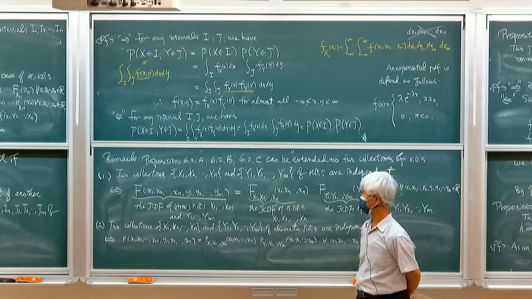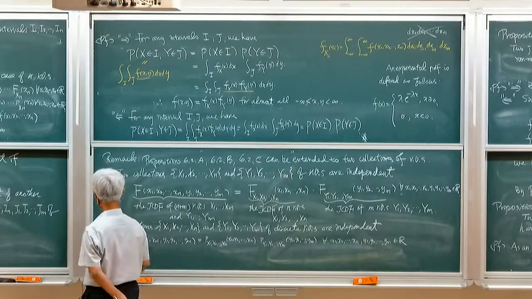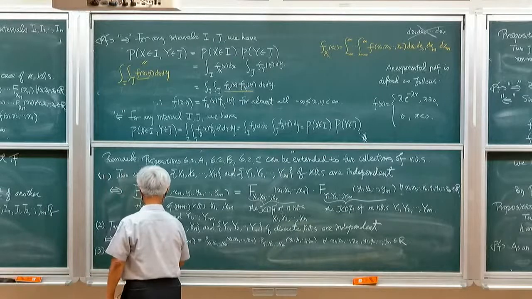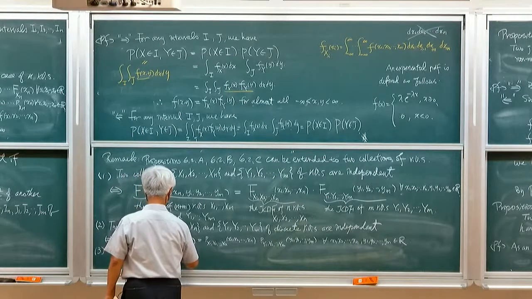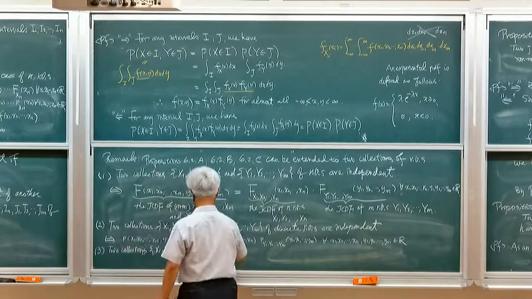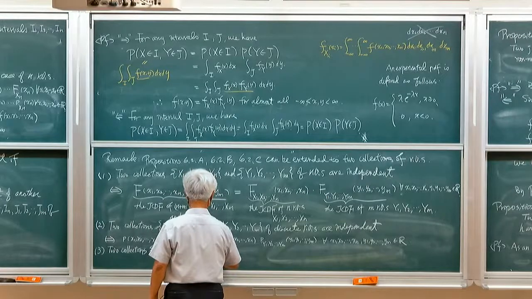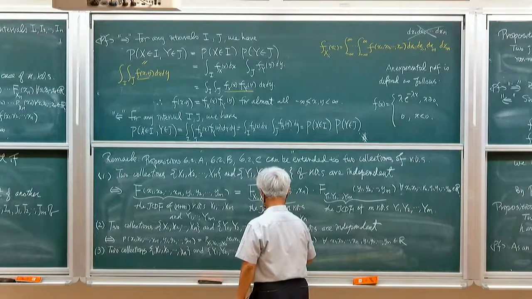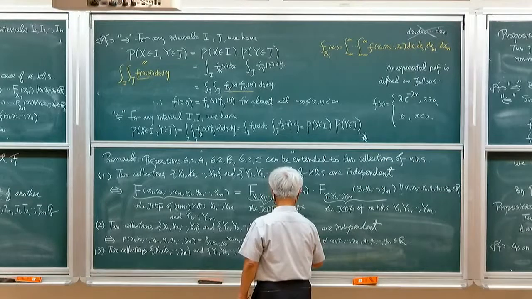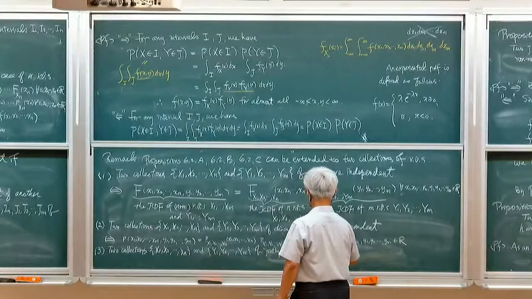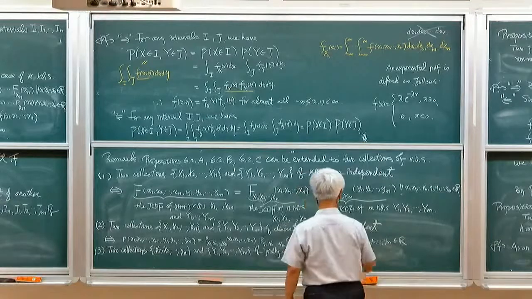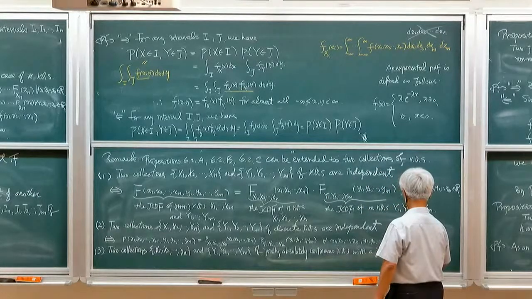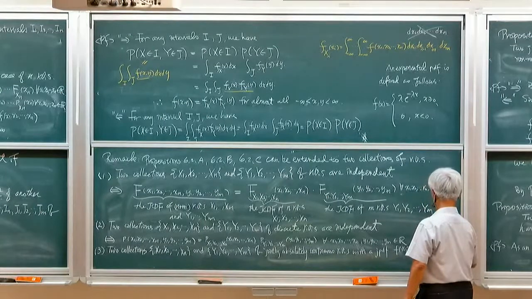Okay. And the third one: two collections x1, x2 up to xn, and y1, y2 up to ym of jointly absolutely continuous random variables with a joint PDF f of x1, x2 up to xn, y1, y2 up to ym.